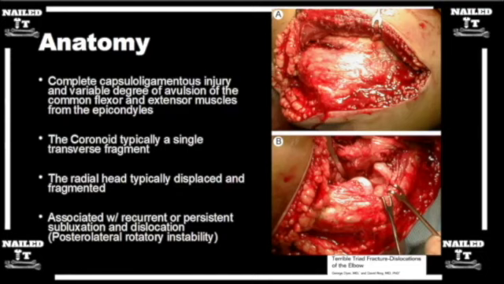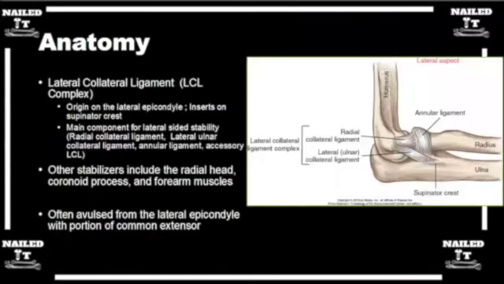To begin talking about the anatomy, I would start with the lateral portion, the lateral collateral ligament, which can be divided into three or four parts, depending on where you reach. One of them is the annular ligament that goes all around the radial head. The other one is the radial collateral ligament.